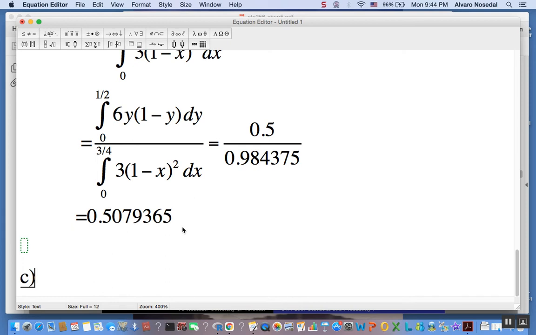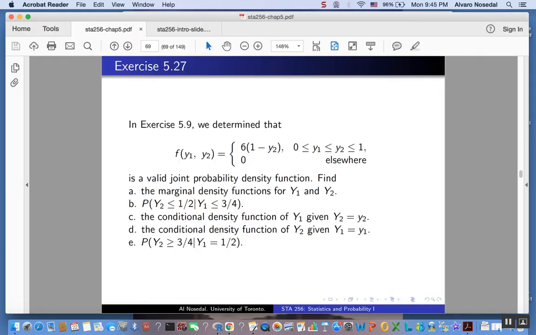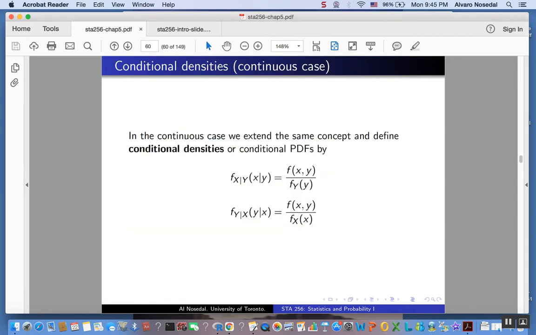So part C. What we want for part C is the conditional density function of y1 given y2 at a particular value. The definition of a conditional density is just the joint. If you want the conditional of x given y, it's just the joint divided by the marginal of y.